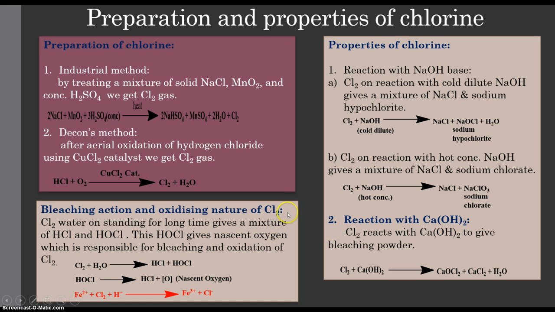Now the most important property of chlorine is the bleaching nature, or oxidizing nature, of chlorine. First of all, how does the oxidizing property appear in the chlorine molecule? If we allow chlorine water to stand for a long time, it will give a mixture of HCl and HOCl, hydrochloric acid and HOCl.